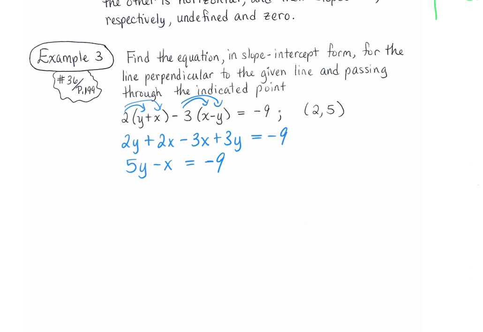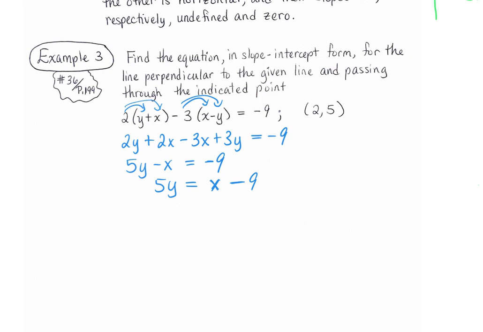Solve for y, right? You solve for y, so what do we do? Move negative x to the other side, to get what? 5y equals x minus 9, or as you said, -9 plus x.